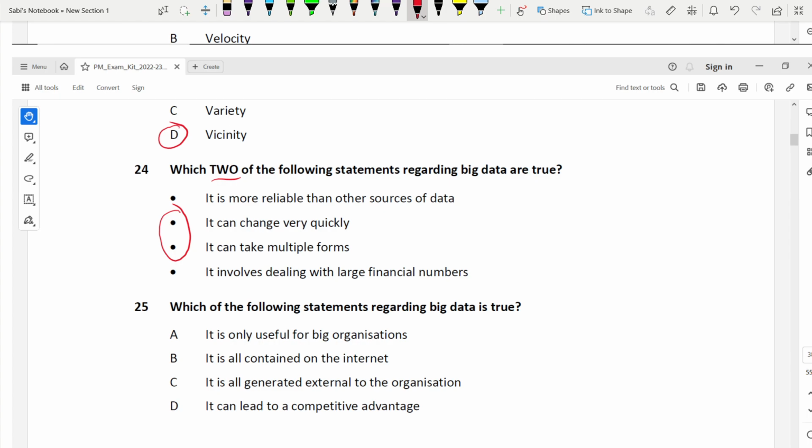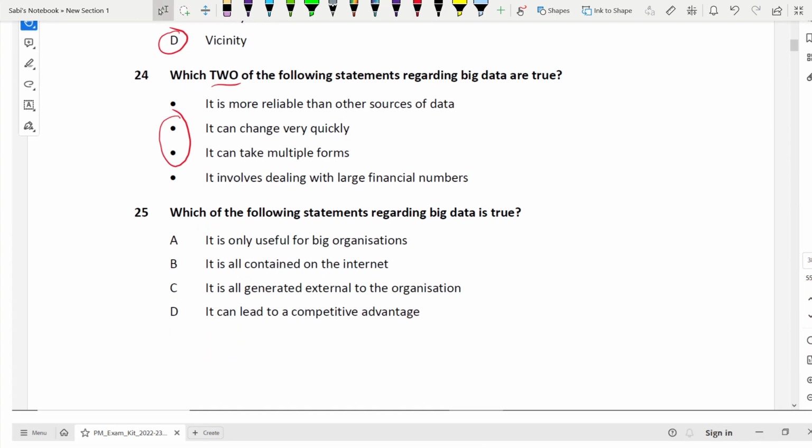It's not only about numbers; it can be characters, symbols, anything. Remember, big data is unstructured, like pictures or videos from social media that you have to interpret, so it comes in varied forms. And big data changes very quickly, right? Velocity.